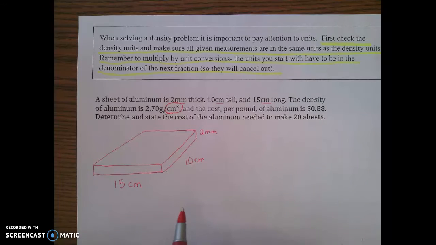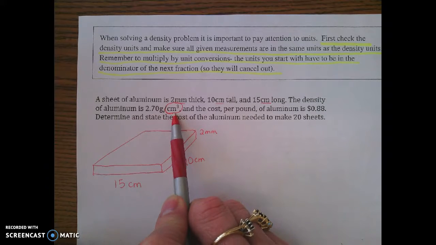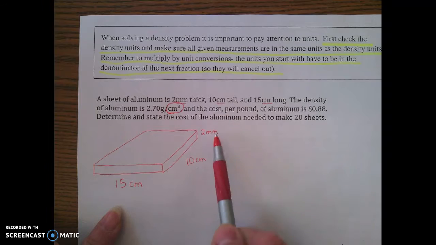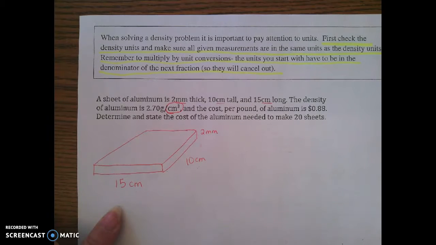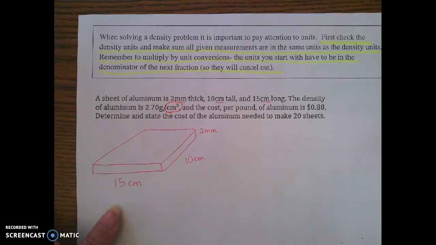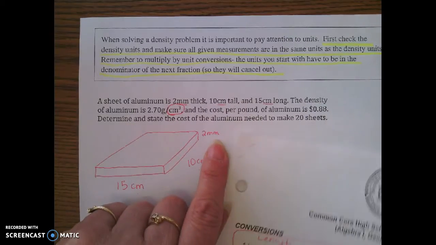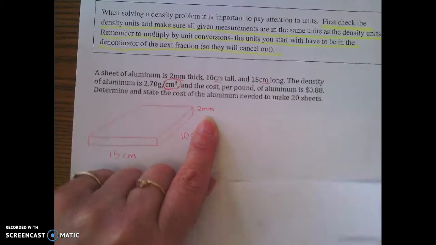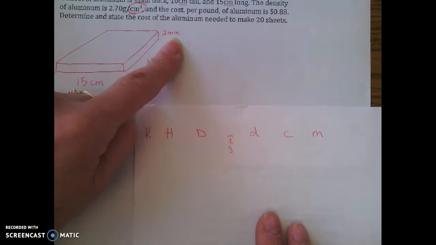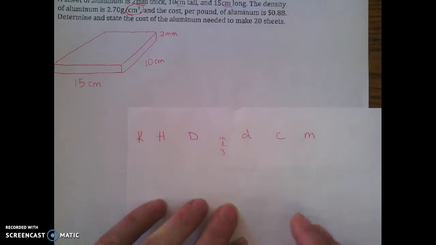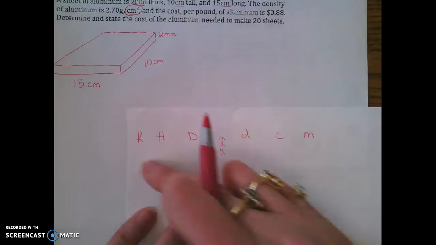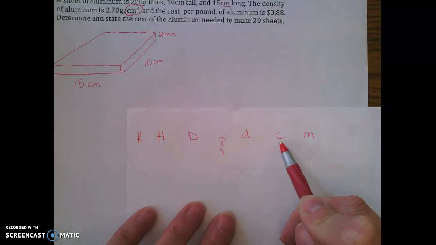And your volume has to be in centimeters. So that is telling us all of these need to be into centimeters. So first thing, we have millimeters. We have to turn that into centimeters. So this is our metric system. So I am flipping over my reference sheet. Remember, you need to memorize this. Here's millimeters. We have to go to centimeters.